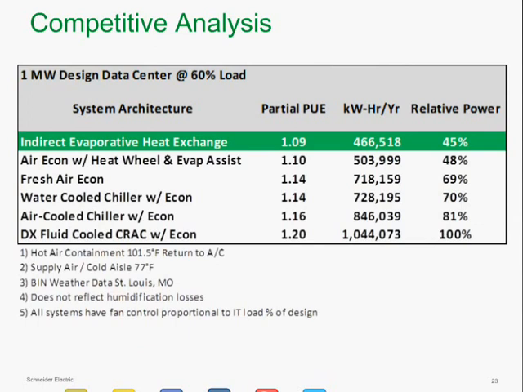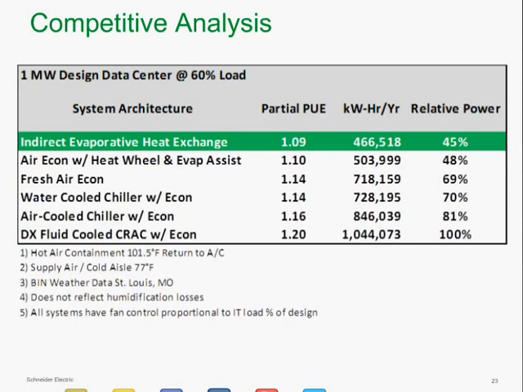I used bin weather data for St. Louis to generate these numbers. So I'm not talking about the Yukon or some extreme ambient or geographical condition. I'm really talking about the central area of the United States where you can gain a really low partial PUE using these types of cooling solutions.